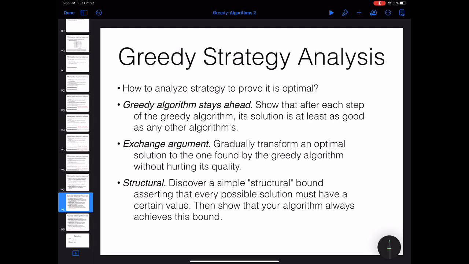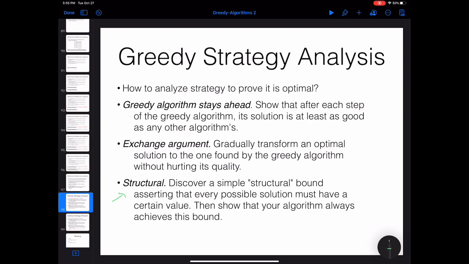So for example, the structural one, you will find some structure around your optimal answer, and by showing that your greedy strategy exactly follows that structure, you can actually prove that your greedy strategy is optimal.